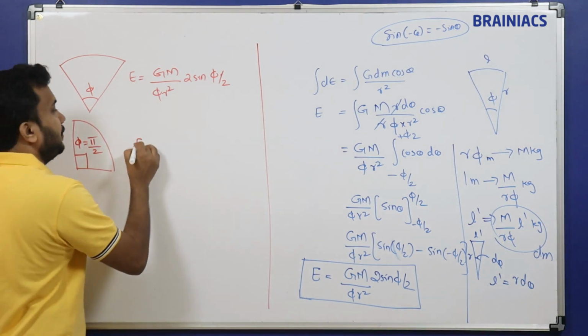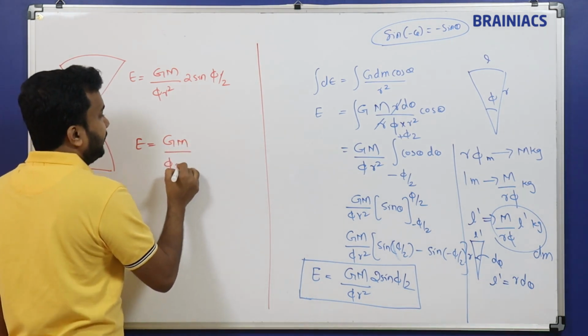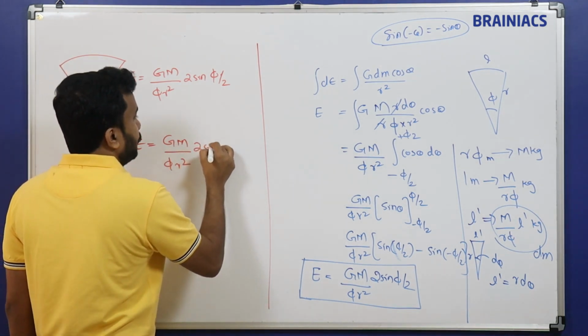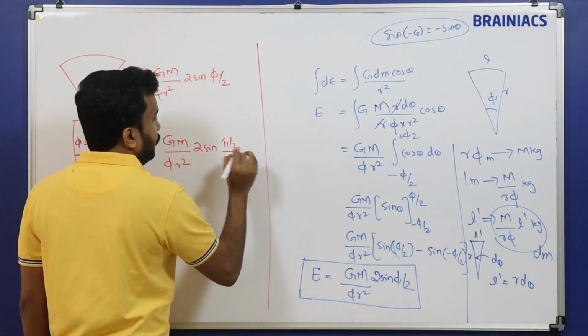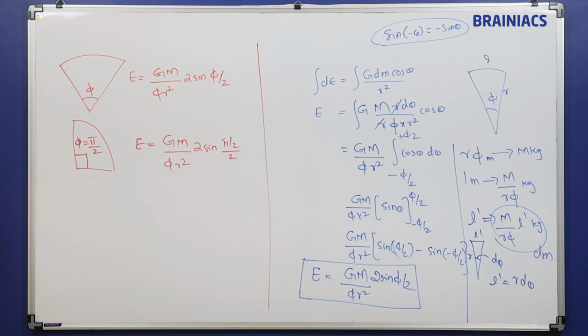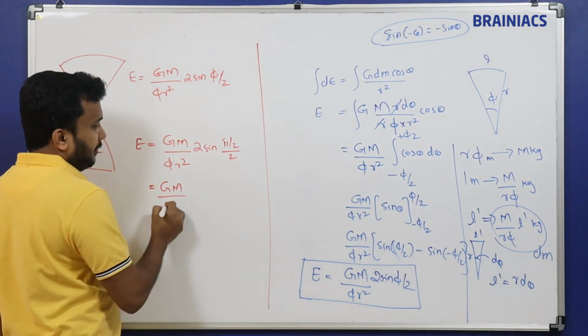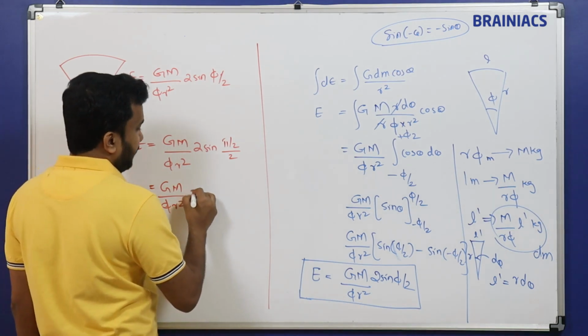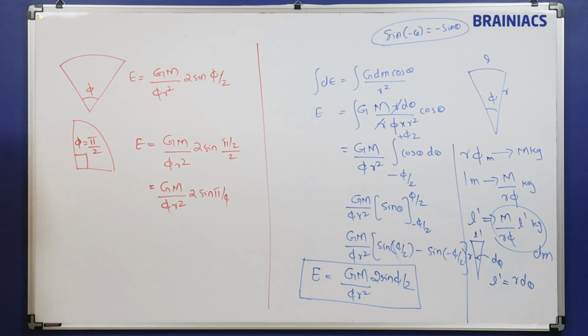So we'll substitute: E is equal to GM divided by φr square into 2 sine of π by 2 by 2. So E is equal to GM divided by φr square into 2 sine of π by 4.